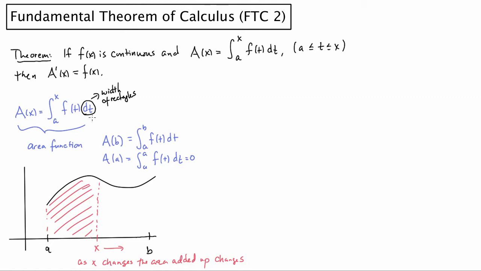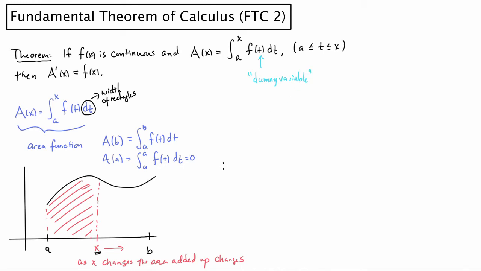What you need to understand as the student is that the width of the rectangle should have nothing to do with this x value. Just because this is the distance over which I want to calculate the area doesn't mean my rectangles have to have width dx. This x doesn't have anything to do with this. We call it t here. So one of the new concepts being introduced is that t is a dummy variable of integration.